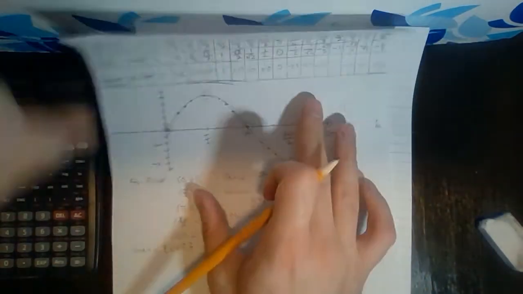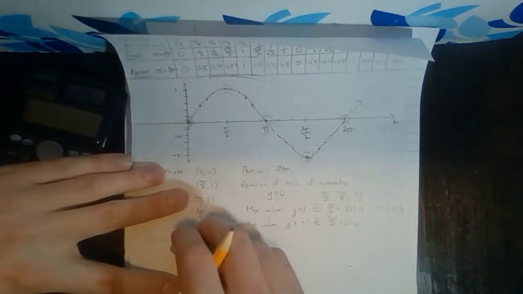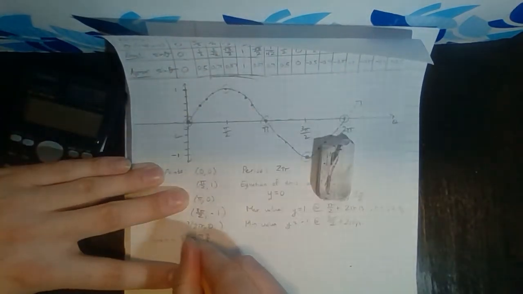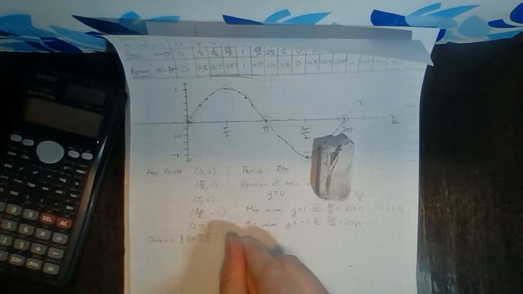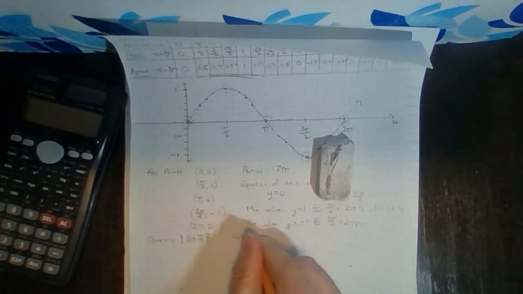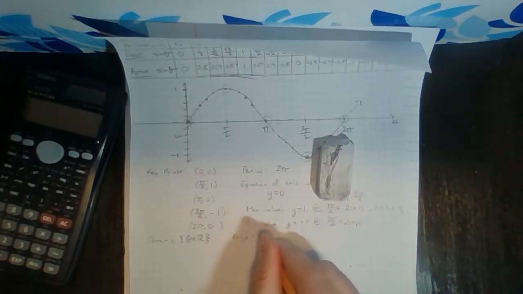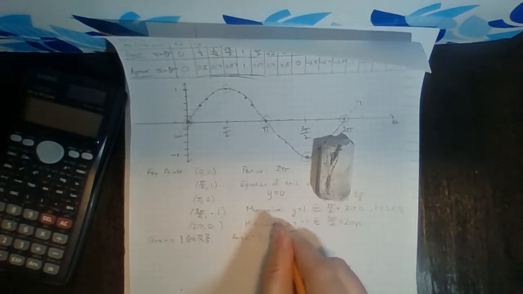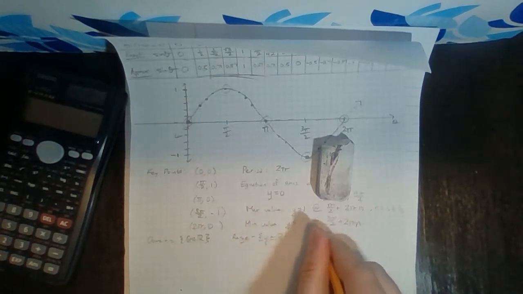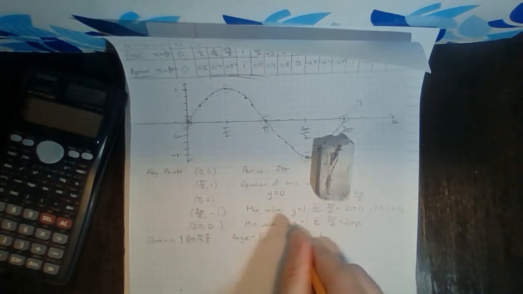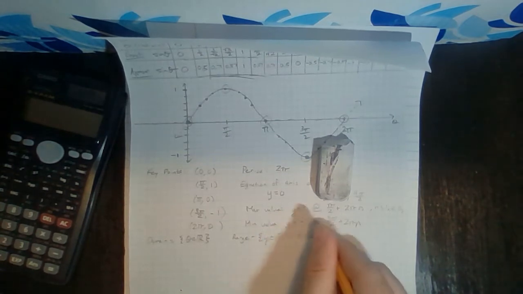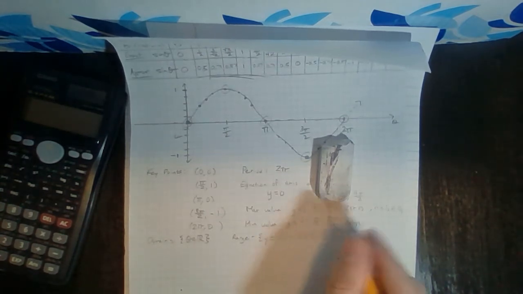Or, because it was sine theta, theta is an element of all real numbers. Range is a little more difficult, but nothing you guys can't handle. Our minimum value is -1, our maximum value is 1, and y has to stay between those values inclusive.